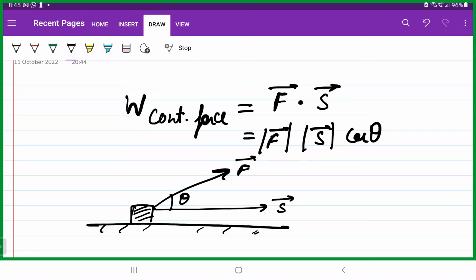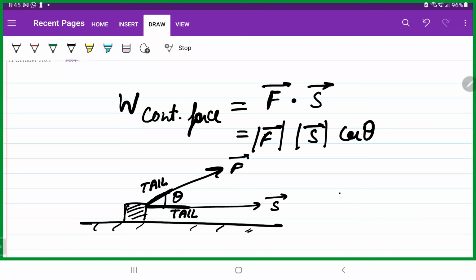Now if you see here, theta is between the tail of one vector, this is the tail of displacement, and the tail of the other vector, this is the tail of force. So theta is from the tail of one to the tail of the other. If you remember vectors, we discussed head and tail. So we are talking about the tail of force and the tail of displacement.